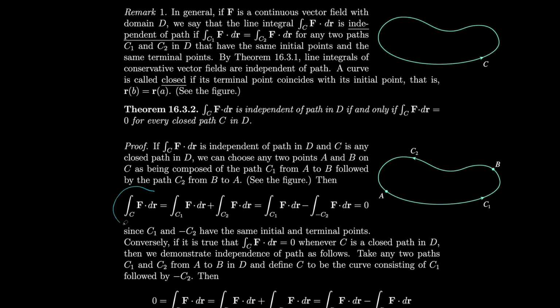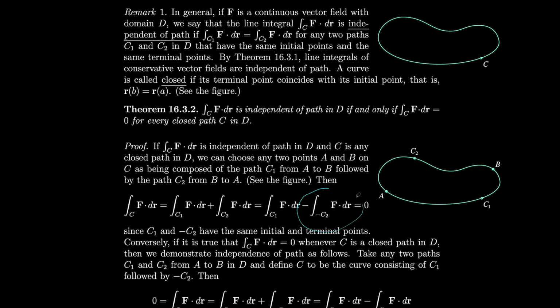So then our line integral over C is equal to the line integral over C1 plus the line integral over C2, just by linearity. But the line integral over C2 is the same thing as if we went backwards over C2 and we threw in a minus sign. So we'll put in minus C2 and we'll change the plus to a minus.